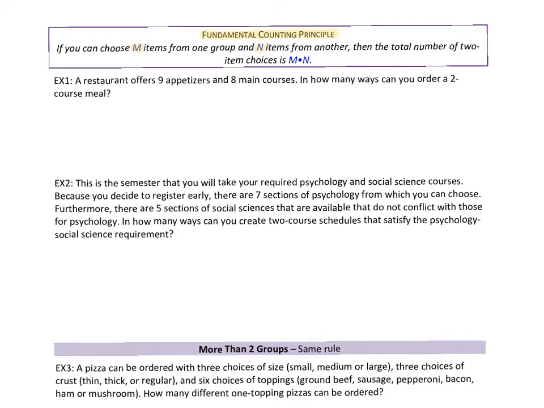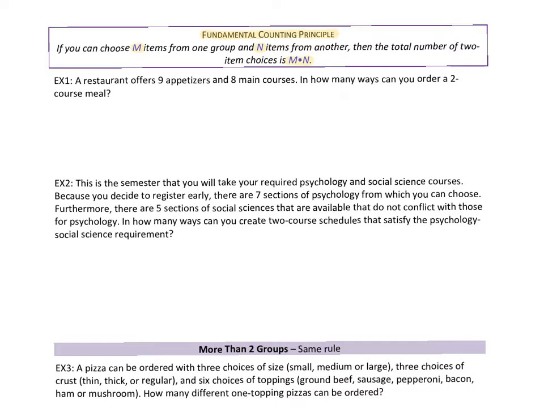So the total number of 2 item choices is simply m times n. In our previous example, we had 2 jeans, 3 t-shirts. So when you just multiply 2 times 3, you get 6. Or if you do 3 t-shirts times 2 blue jeans, you get 3 times 2, which is 6. So order doesn't matter here.